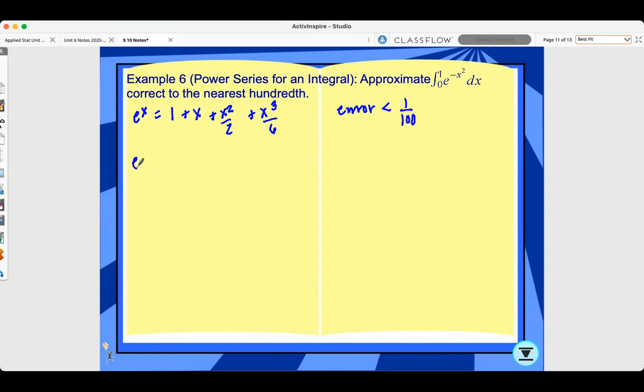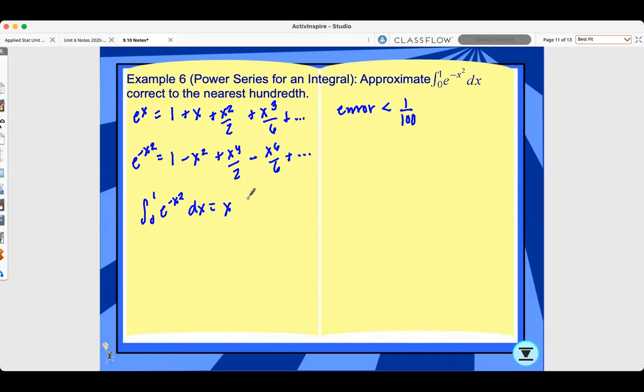So now we need to look at e to the negative x squared. We would have 1, then minus x squared, plus x to the 4th over 2, minus x to the 6th over 6. And now we want to integrate term by term. So I'm going to integrate each one of these terms.